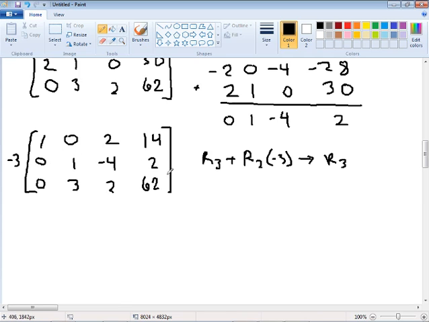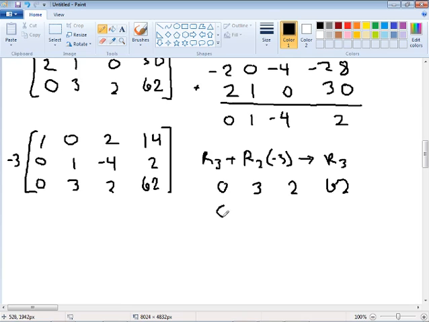So let's do that. I have 3 times 0 is 0. Let's do row 3 first. So row 3 is 0, 3, 2, 62. And then do we multiply the -3 times row 2?